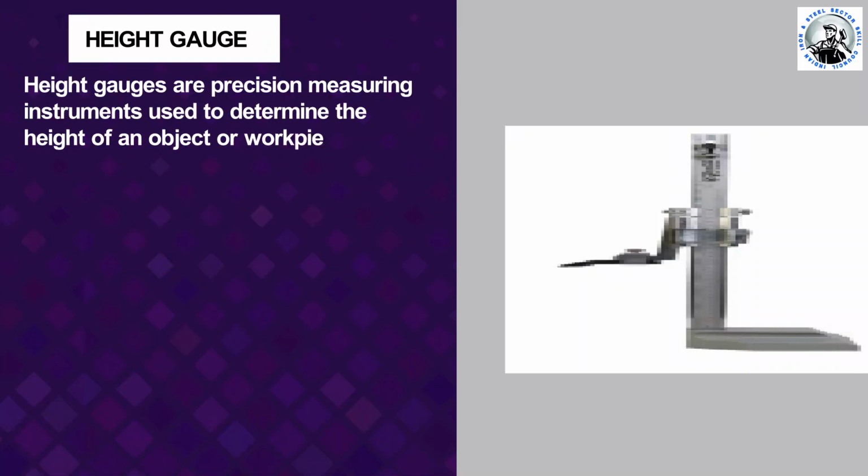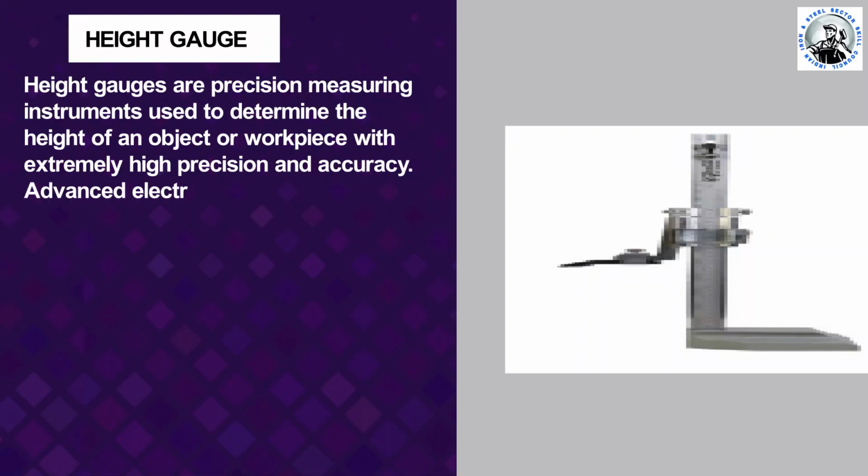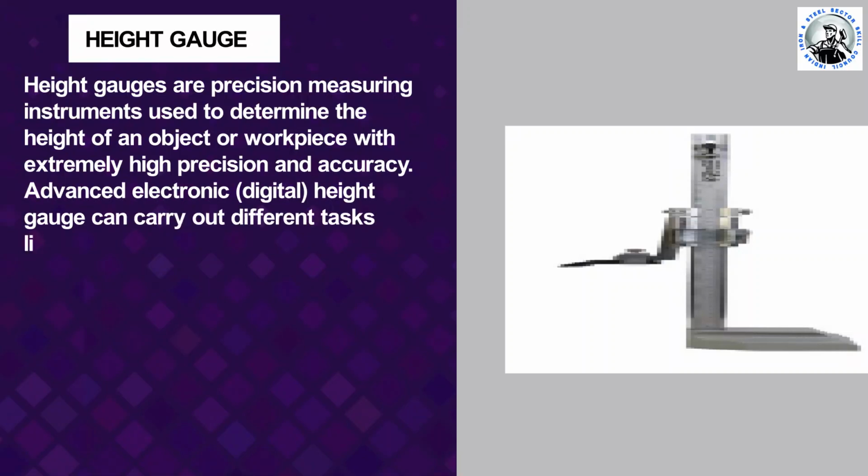workpiece with extremely high precision and accuracy. Advanced electronic digital height gauge can carry out different tasks like measuring step height, internal external diameter, and center line distances.